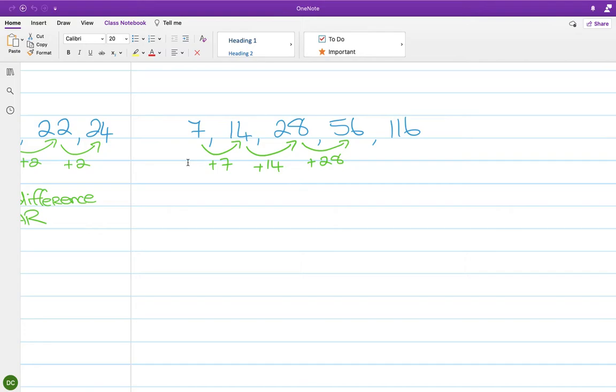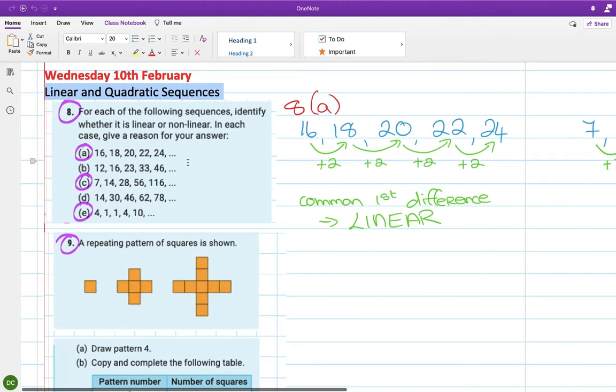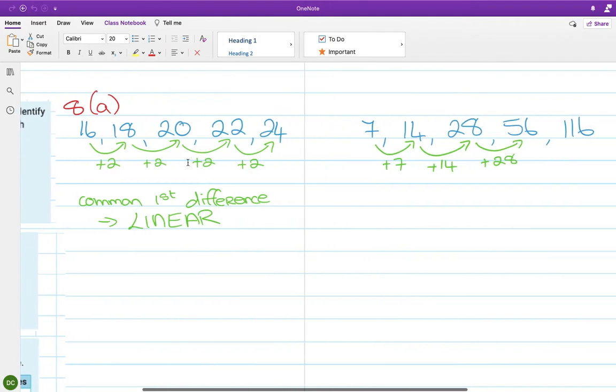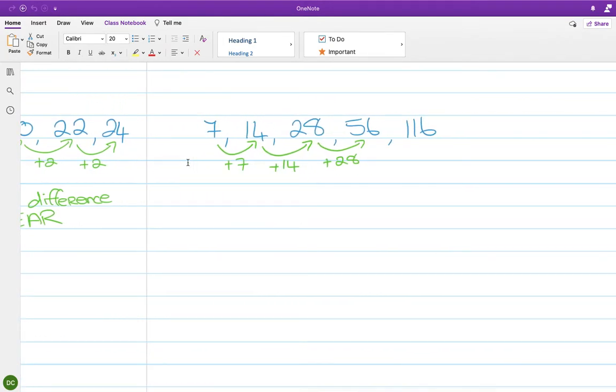And did I do that right? I think that's right. 56 to 116 is plus 60. So that is not a common first difference.